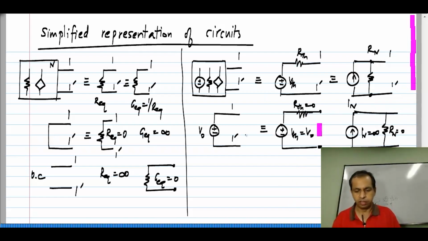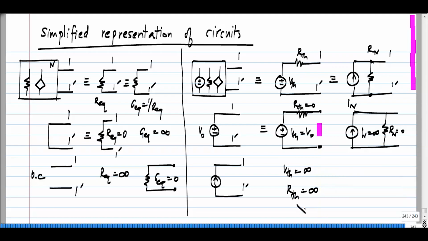And clearly, by now we would have guessed that if you had only a current source, then you cannot represent it as a voltage source in series with the resistance, because the open circuit voltage of a current source is infinite. So, this VTH will be infinite and this RTH will also be infinite. So, this is not useful.